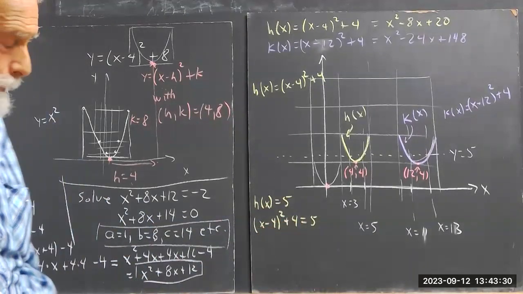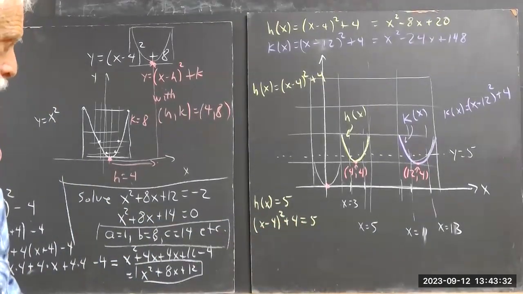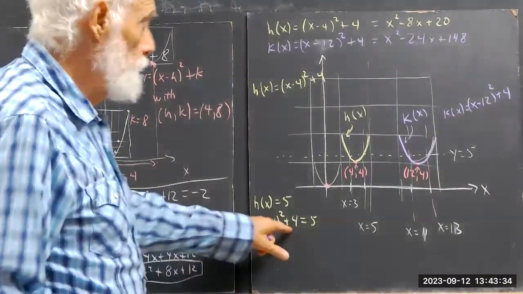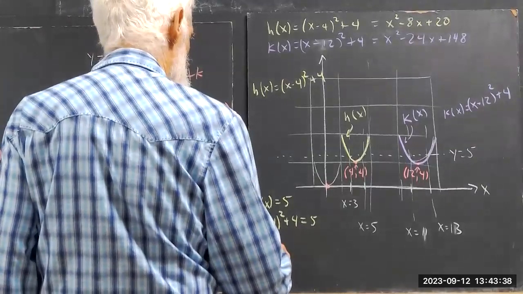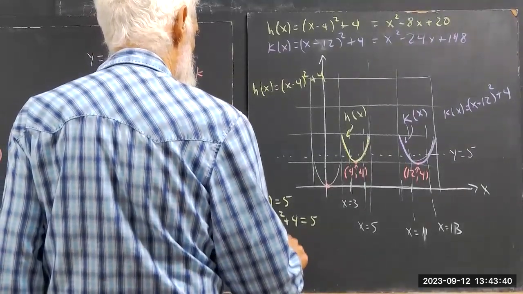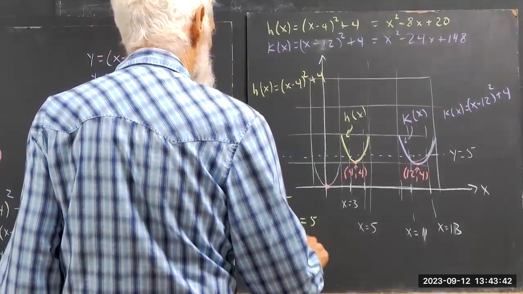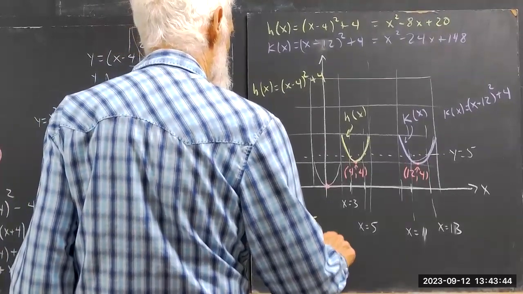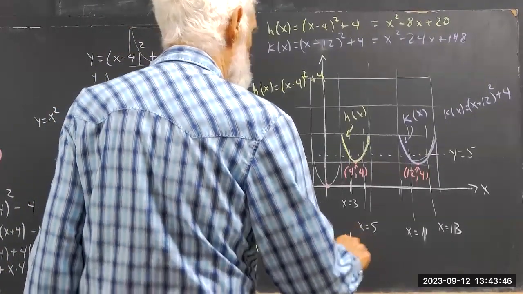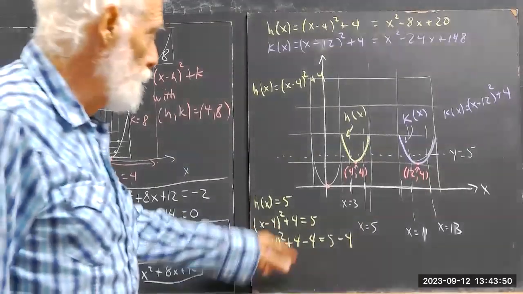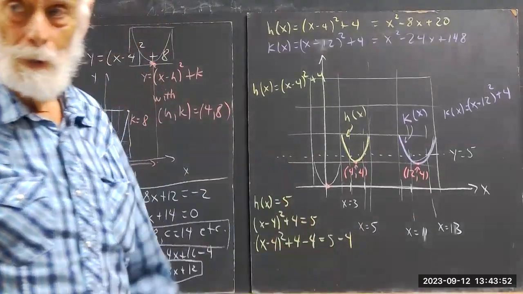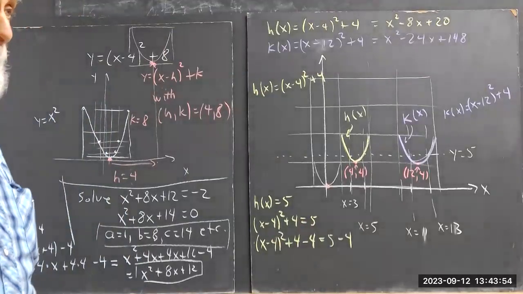Okay. Actually, we're going to leave the 5 there, and we're going to subtract 4 from both sides. So we've got x minus 4 squared plus 4 minus 4 equals 5 minus 4. Now, I know you like to put the minus 4 under this on both sides and add them.